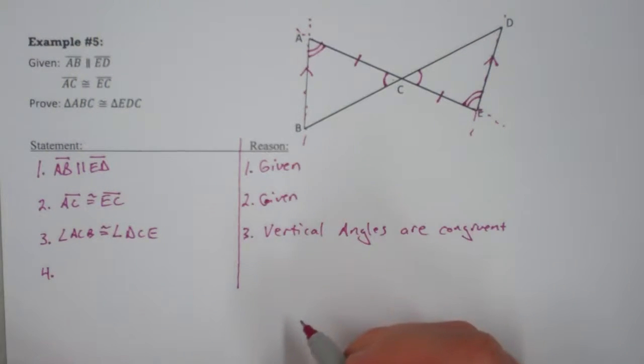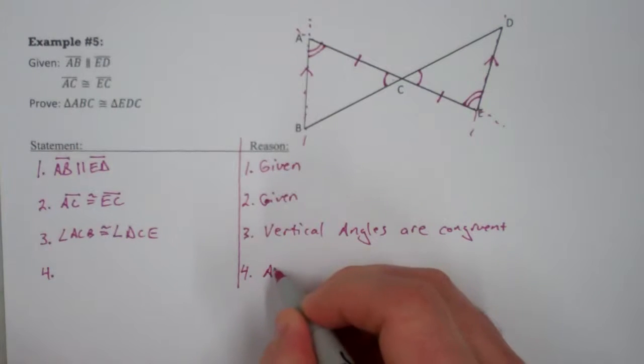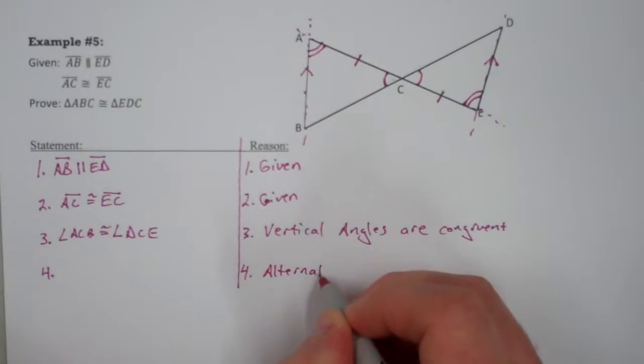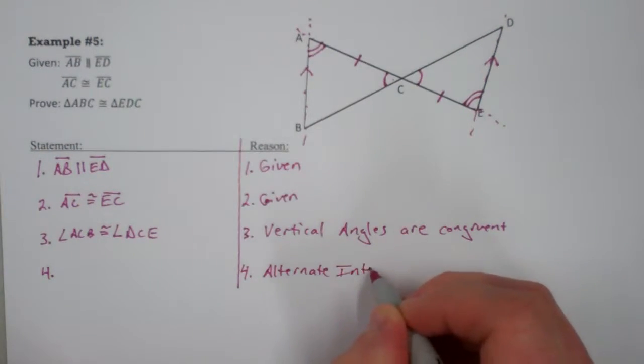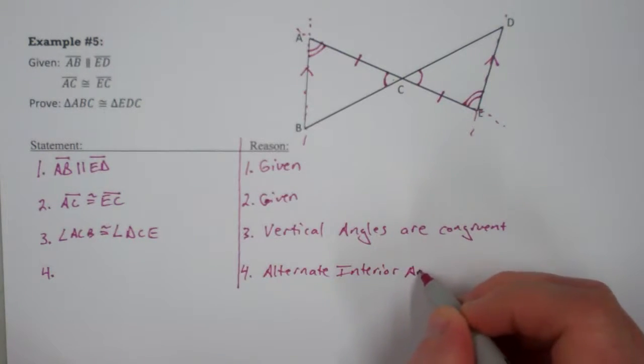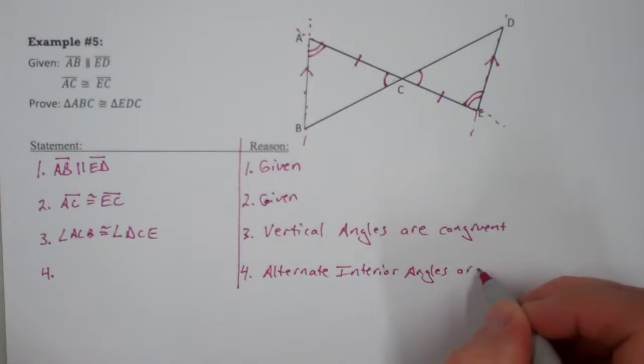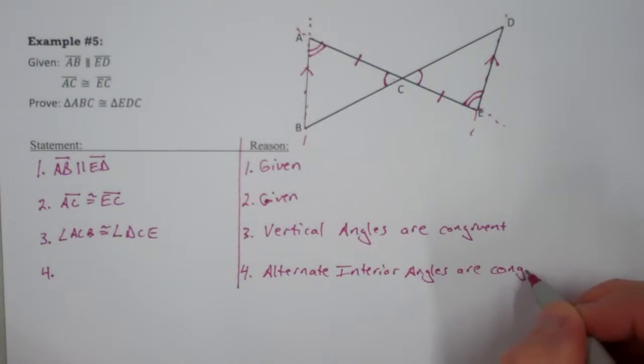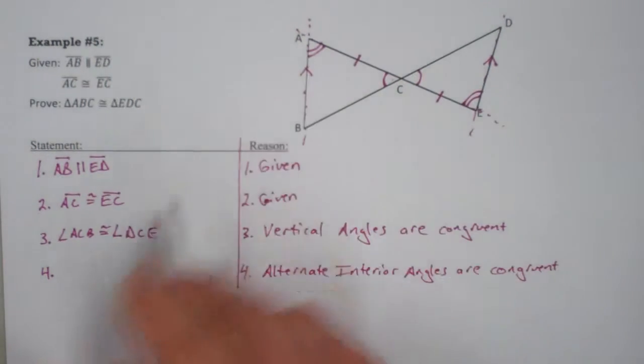So we call these angles alternate interior angles. We know that alternate interior angles are congruent, so we can state that here.